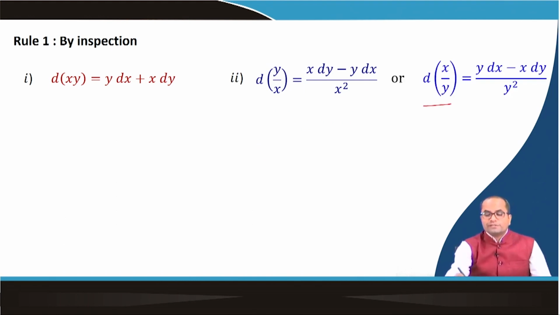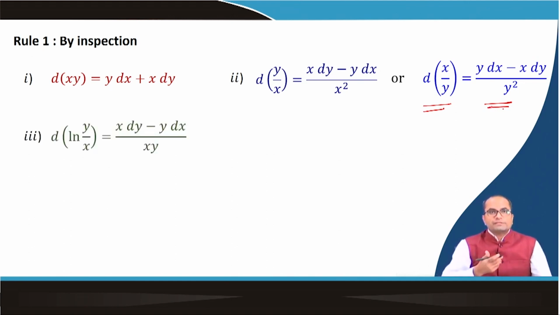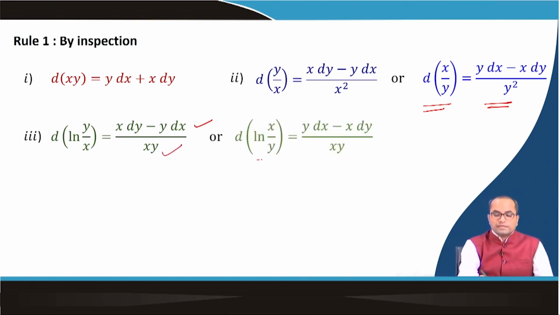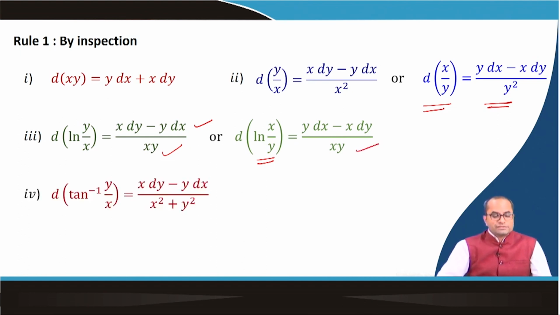Or we have the differential of x over y, which is y dx minus x dy over y square. We have the differential of ln y over x, which is x dy minus y dx over x y, and similarly for ln x over y we have these terms.